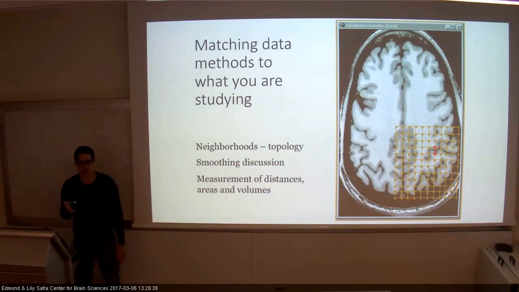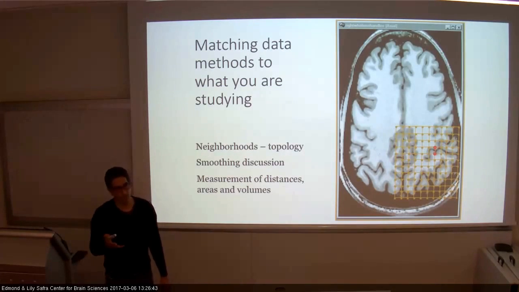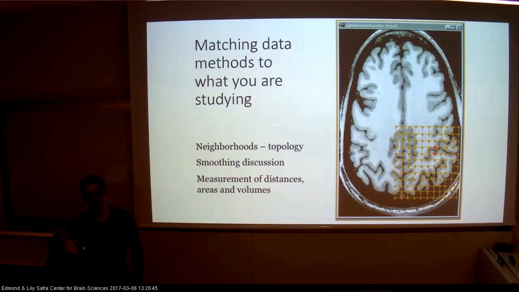Okay, so why am I talking about that? What are the things that we're typically doing with images, or actually with any data? For SNR purposes, we sometimes smooth.